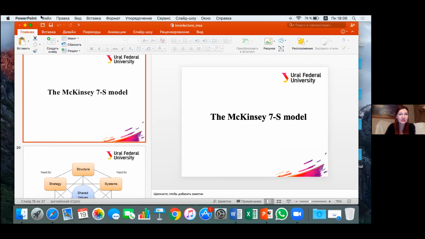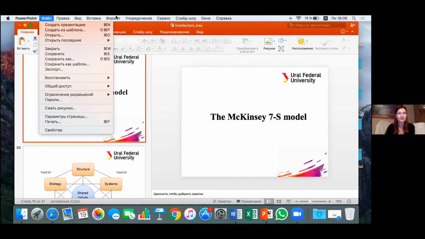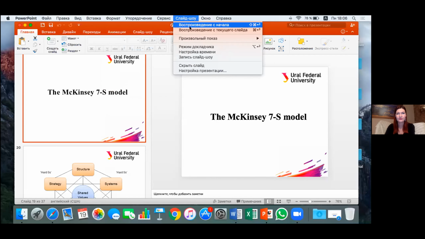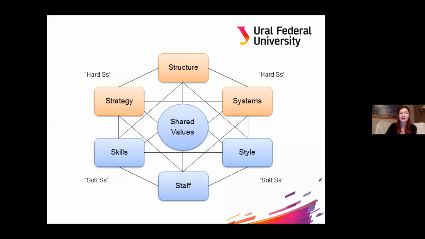Now I will try to switch it on from this slide. Okay. And this is the 7S McKinsey matrix. And the main thing is that it is connected most of all with hard skills and soft skills.